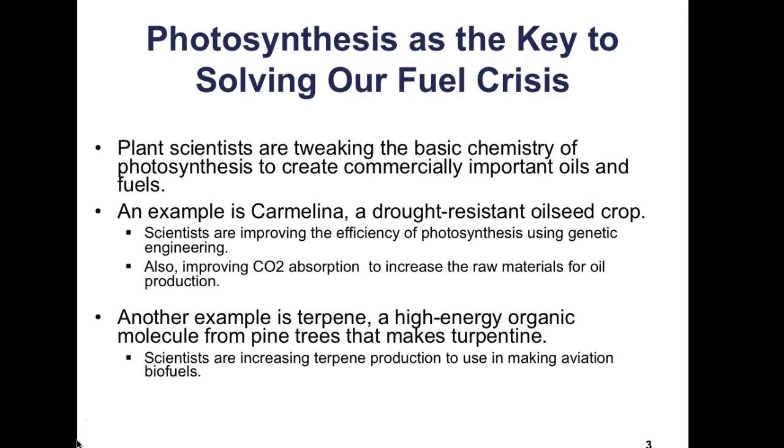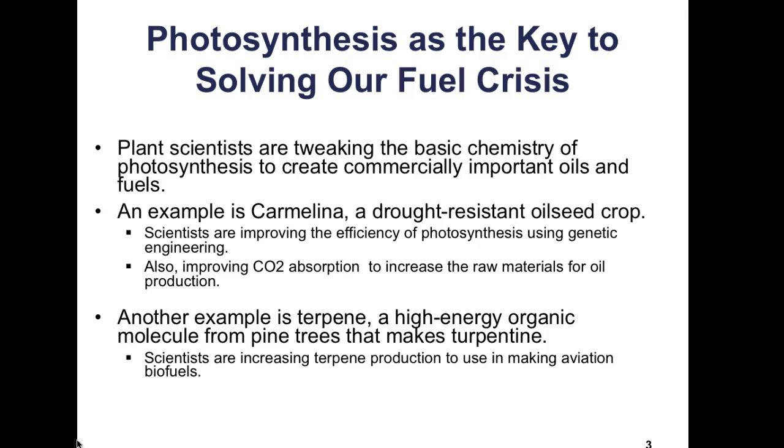So basically, photosynthesis as the key to solving our fuel crisis. One of the things plant scientists or botanists are tweaking is the basic chemistry of photosynthesis to create commercially important oils and fuels. An example is camelina. It's a drought-resistant oilseed crop.